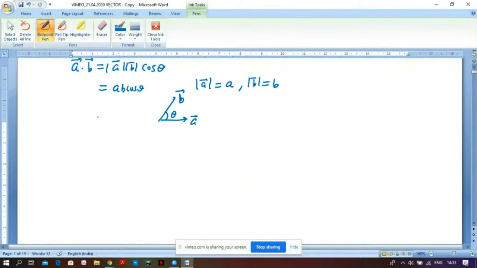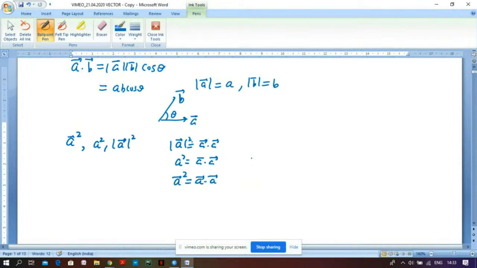A word about notation. Suppose I write A square. What does it mean? I can write A square or modulus A square. Please be advised that they are all the same. In fact, mod A square is nothing but A dot A, and so these things are all equal. It's also A square is A dot A. And if someone writes it like A square, that's perfectly fine.